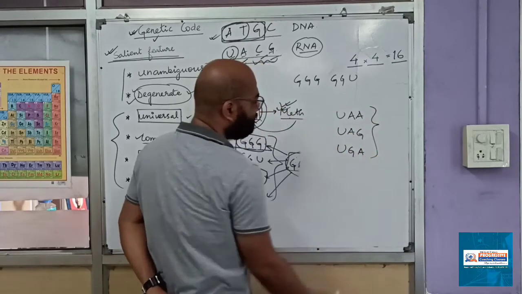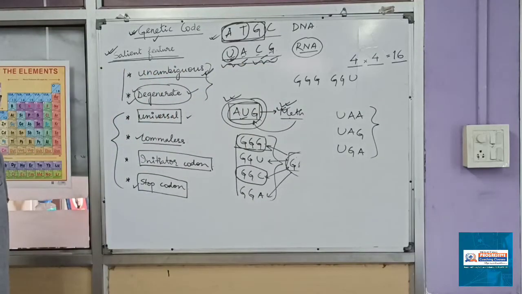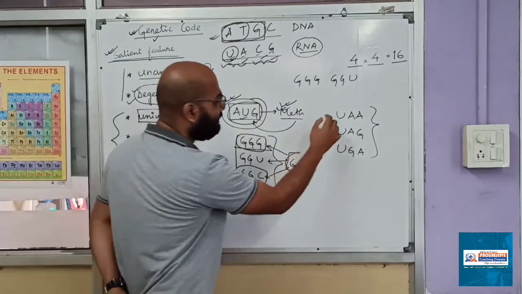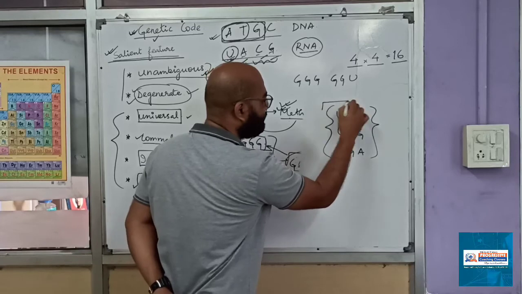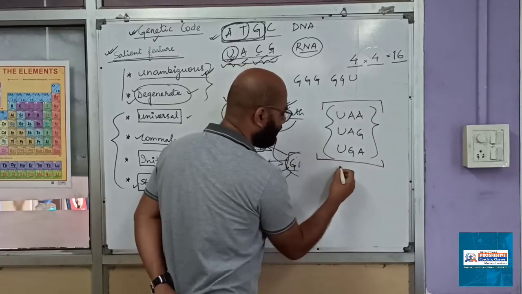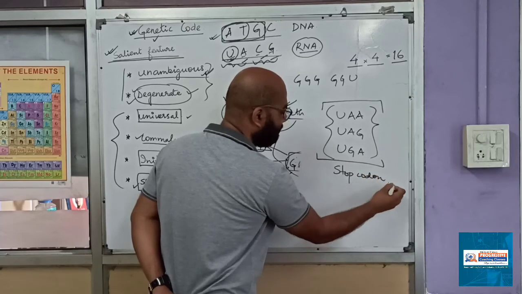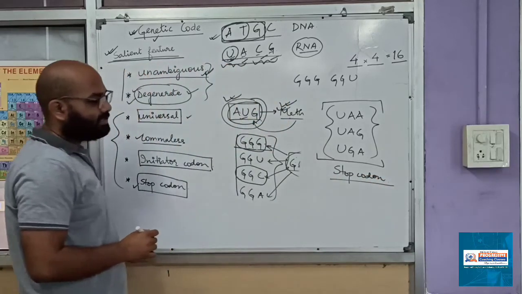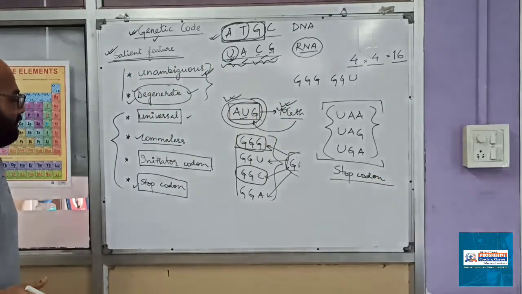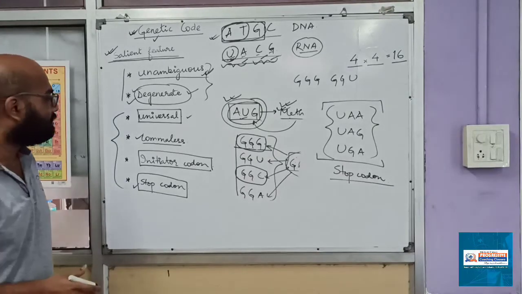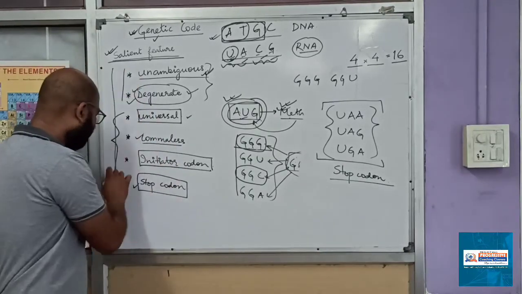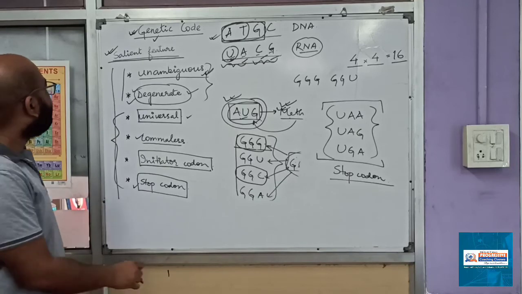When the terminal sequence of a gene comes, at the end there will be these 3 sequences, which we consider stop codons, where our sequences will be ending for the completion of the process. So these are the salient features of genetic code.